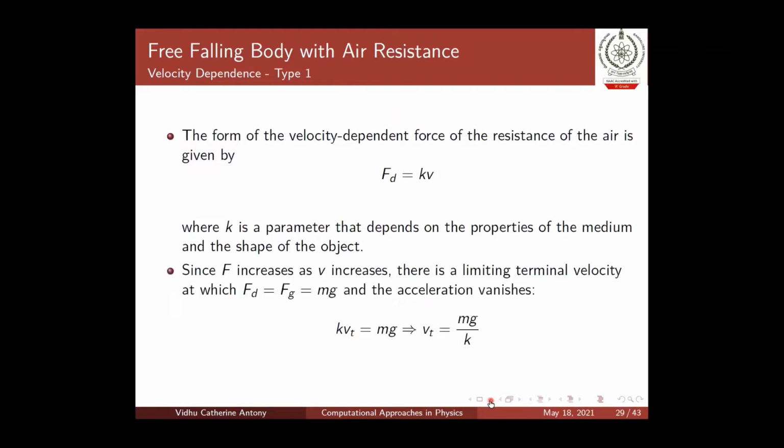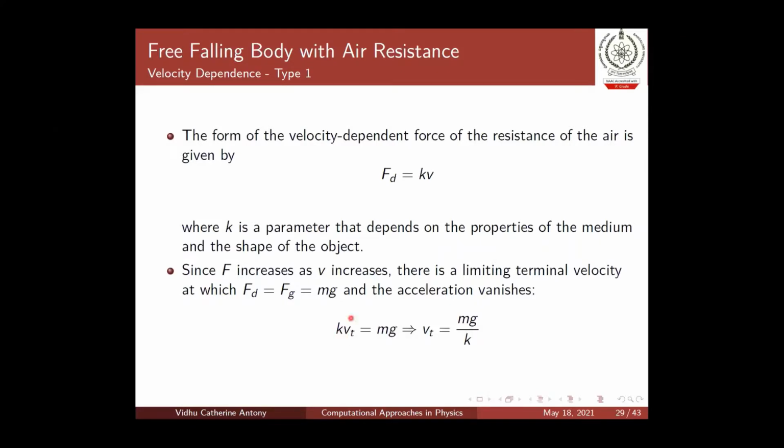Okay, so let's look at this. Now you would have your terminal velocity coming in. When the drag force is equal to the weight of the body, the force due to gravity, then you have it kind of suspended over there. So you have this terminal velocity that you approach.